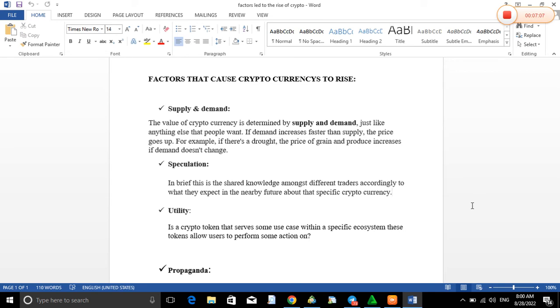There are many, I can't break them all, but every cryptocurrency has its own utility. When they create a cryptocurrency, they give it its utility, like what is it going to solve. It's what I was trying to explain.